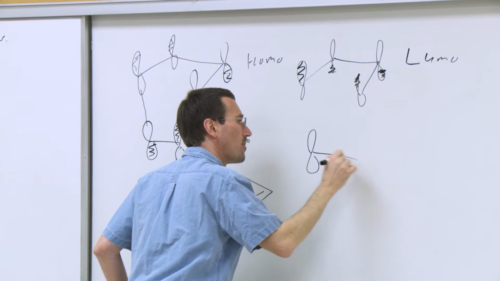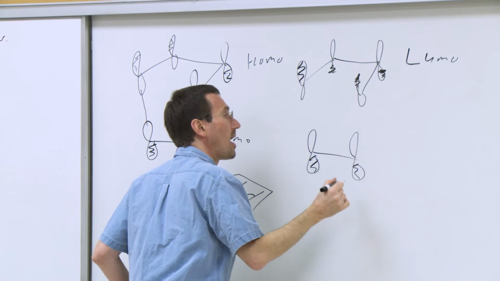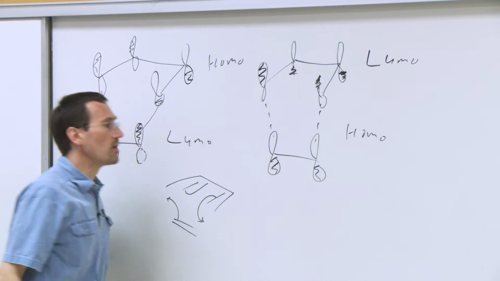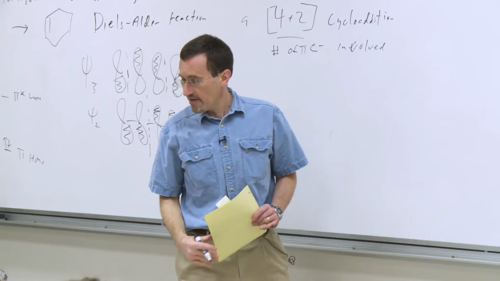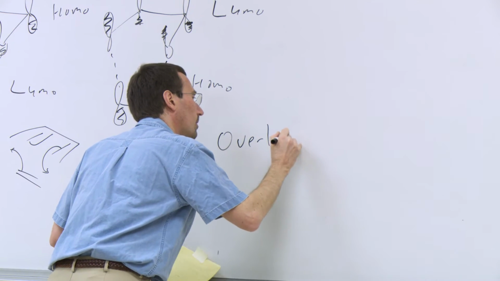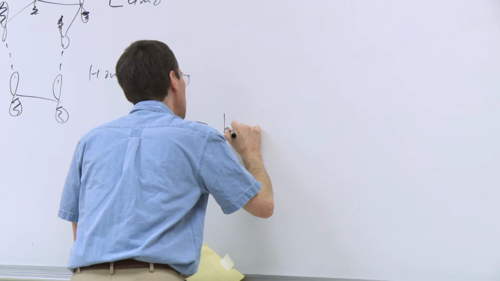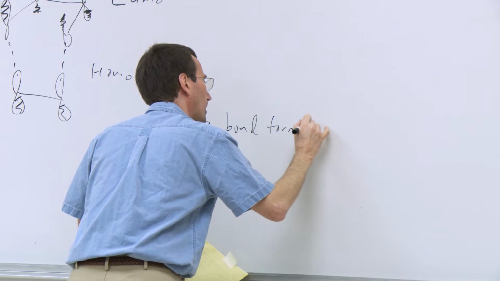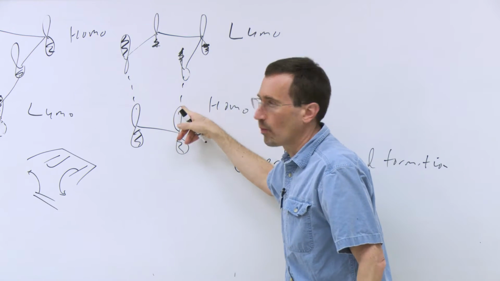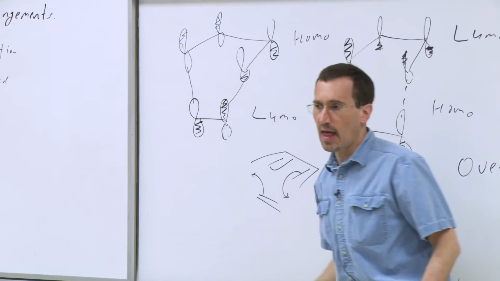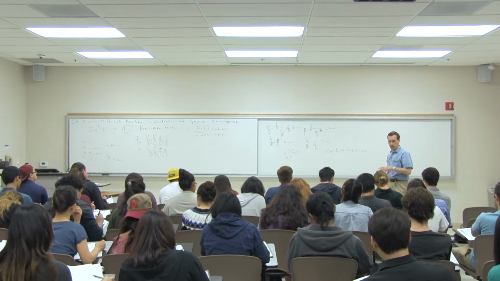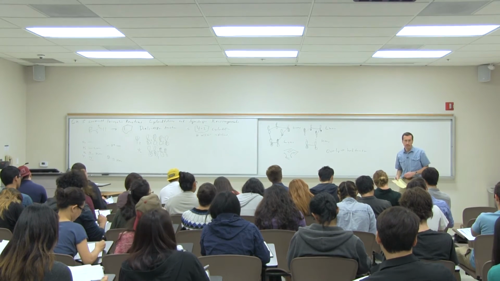And now we get our pi orbital of the ethylene, the HOMO. And so in both cases, we get favorable overlap. I'll say overlap leads to bond formation, or more specifically, the fact that we can get this favorable overlap, white with white, black with black, means that we are set up to mix those orbitals in the transition state and start to form the new bonds.